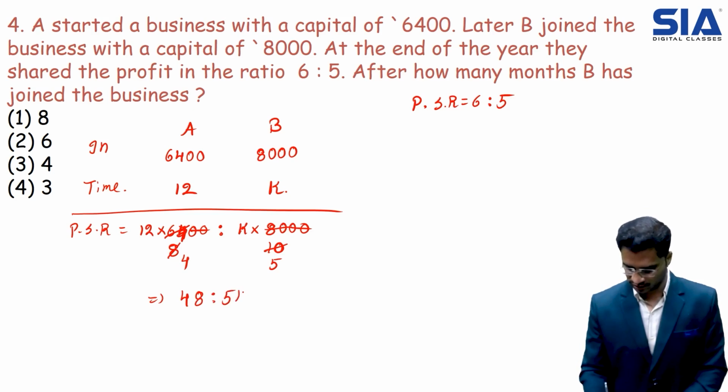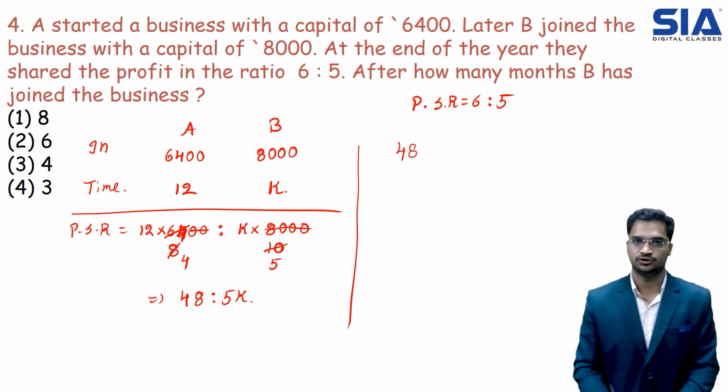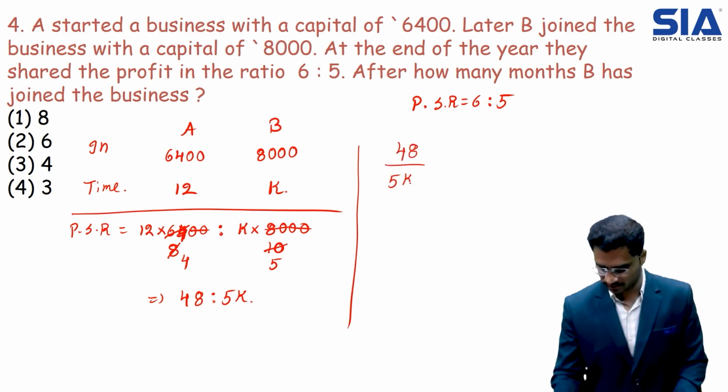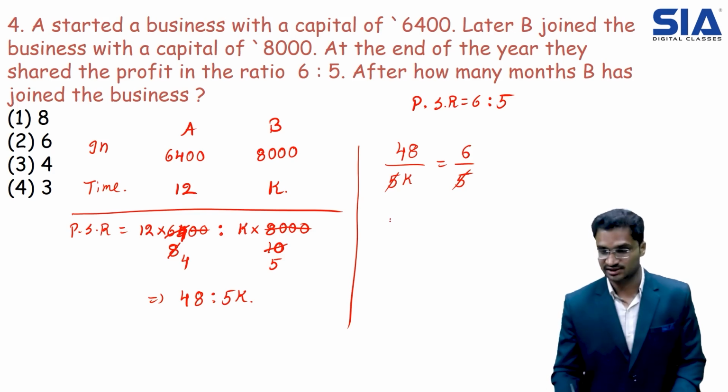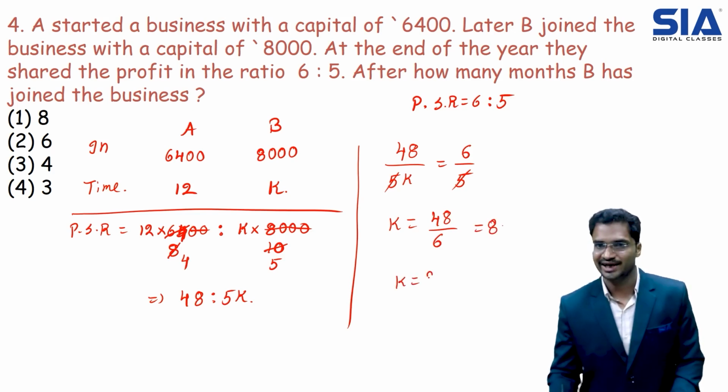So 12 4s are 48 ratio 5k. Both of these are profit sharing ratios, they are equal, so let us equate them. 48 by 5k is equal to 6 upon 5. So 5 gets cancelled. Then the value of k is equal to 48 upon 6. So 6 8s are 48.